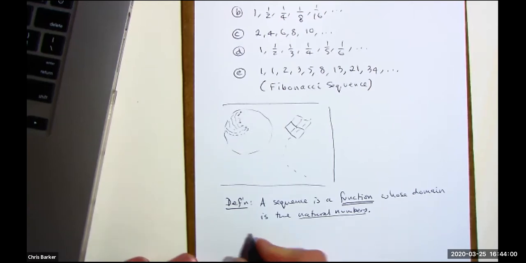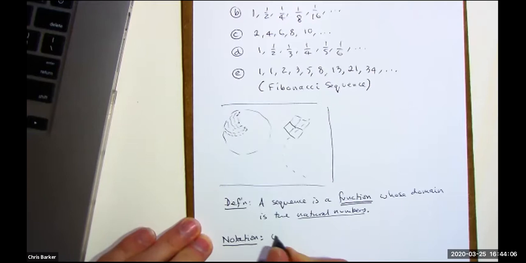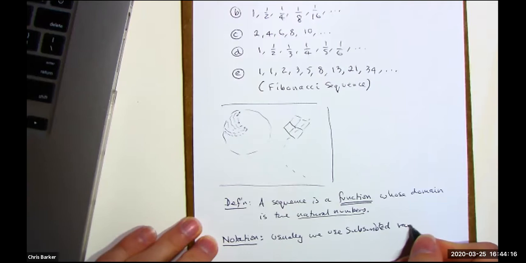All right, now notation for sequences. Usually we use subscripted variables when we're expressing sequences.